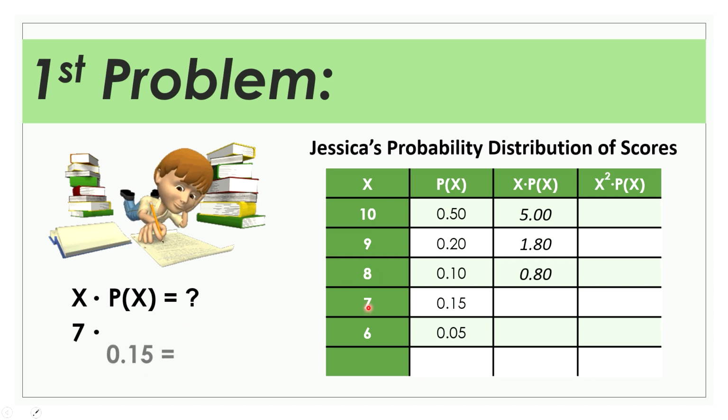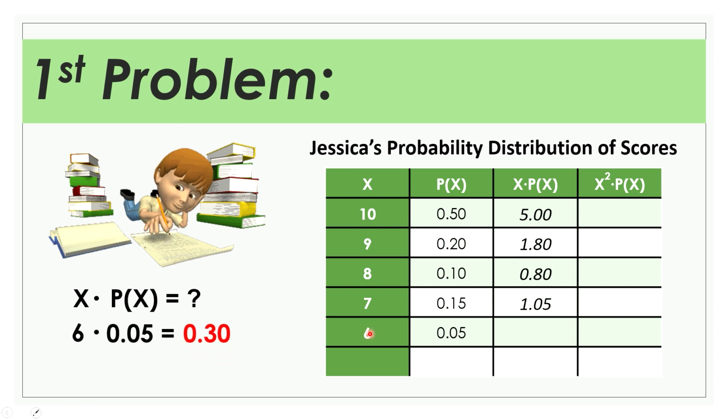Then 7 multiplied by 0.15 is equal to 1.05. And the last one is 6 multiplied by 0.05, which is equal to 0.30. So nakuha na natin yung value ng ating x multiplied by p of x. It means this is the product of x and its corresponding probability.